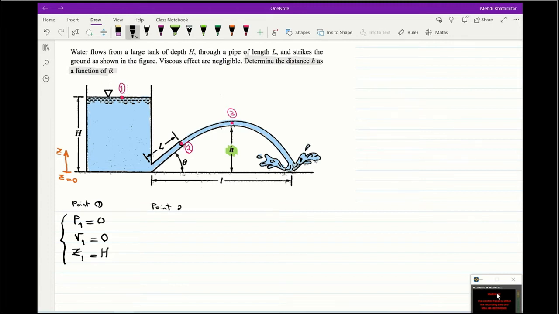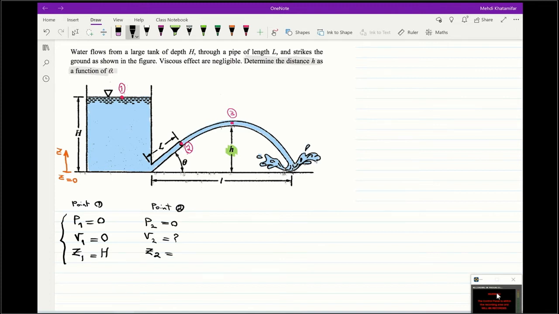Point 2. Let's see what information I have for point 2. P2, again 0, atmospheric pressure. V2, I don't know. I need to calculate that. Z2, I know that.